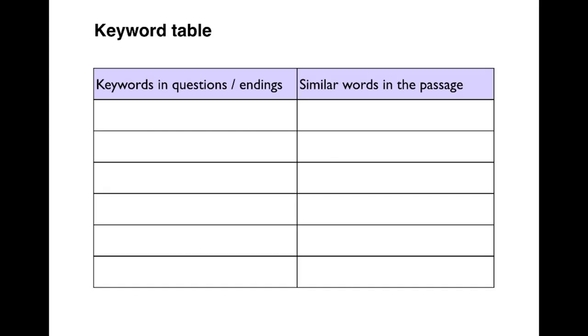Finally, let's quickly look at a keyword table for the vocabulary from this lesson, from this passage and the questions. We have, as usual, keywords in the questions and in the sentence endings in the left column, and similar words in the passage in the right column. And here they are.